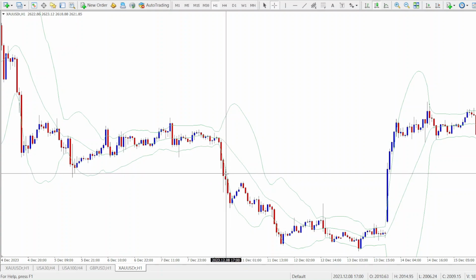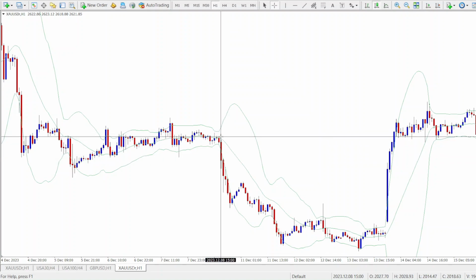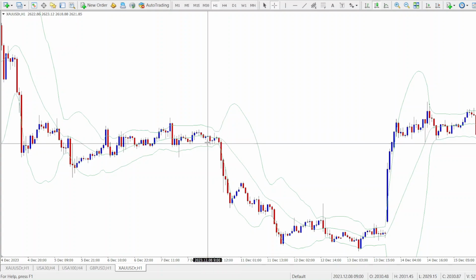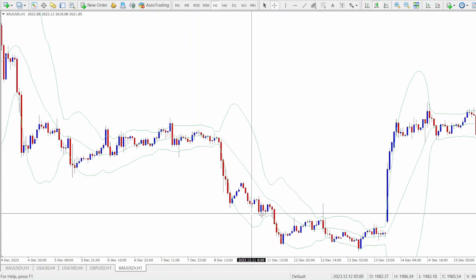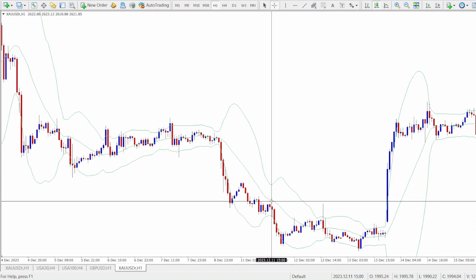Our stop loss in this case is going to be above the nearest swing high, and our take profit can be at the nearest support level, because in this case the lower Bollinger Band has been broken through already, so we can't use the lower Bollinger Band as take profit.